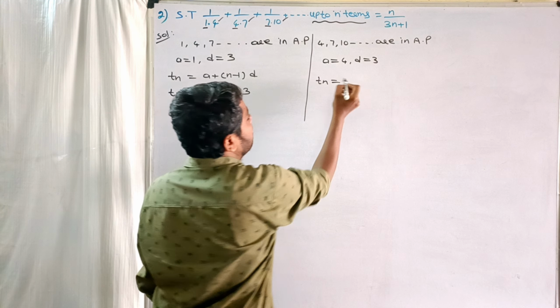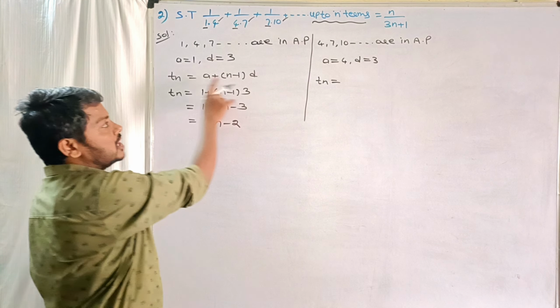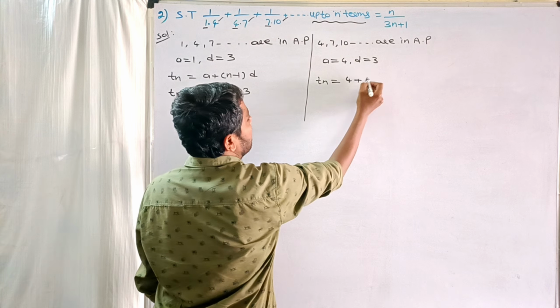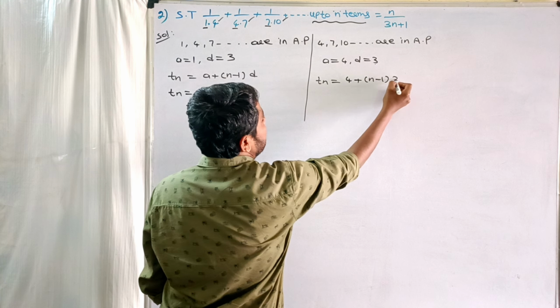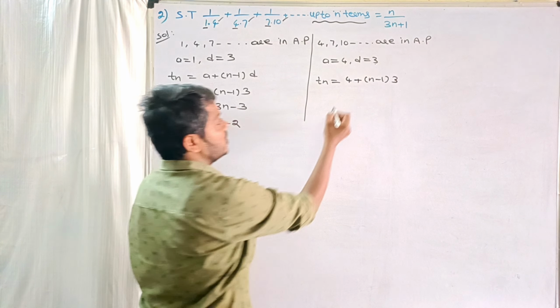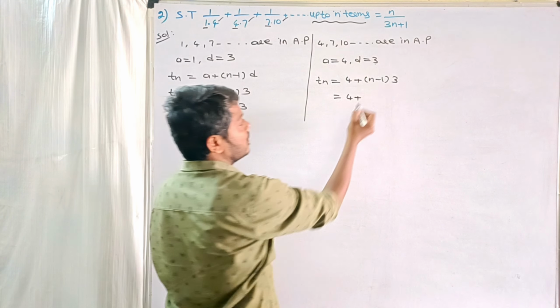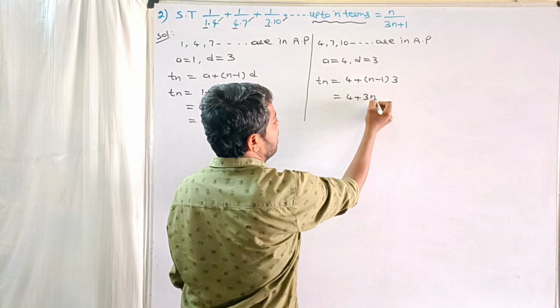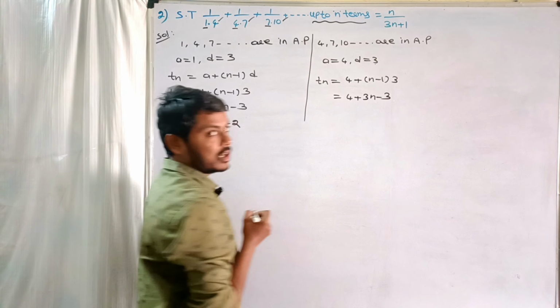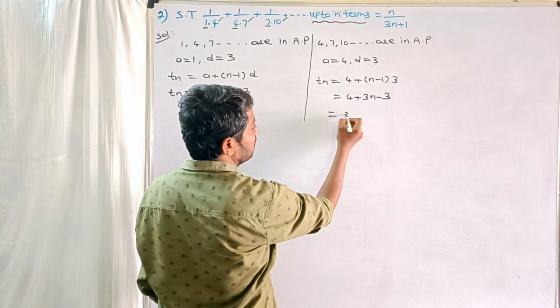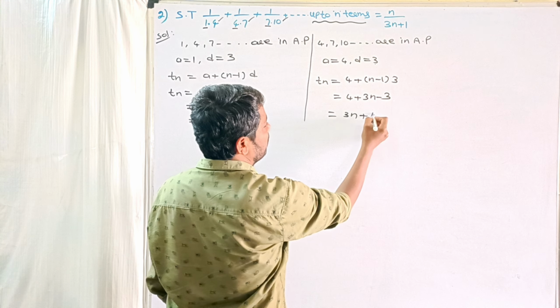So substitute in the nth term formula. A, what is A? 4 plus (n minus 1) into D. D is 3. So which is 4 plus multiplying with 3, n into 3, 3n, minus 1 into 3, minus 3. 3n, 4 minus 3, 1.